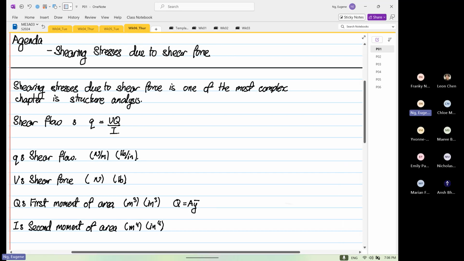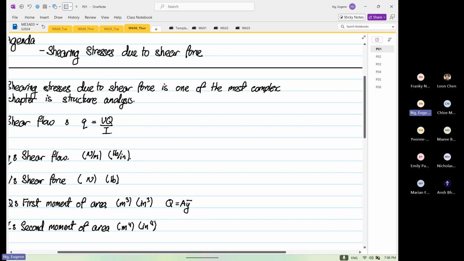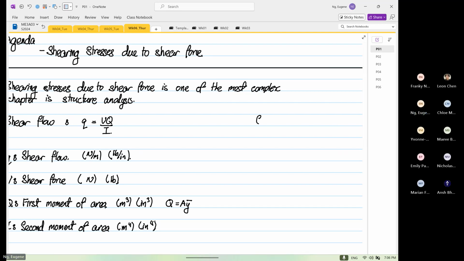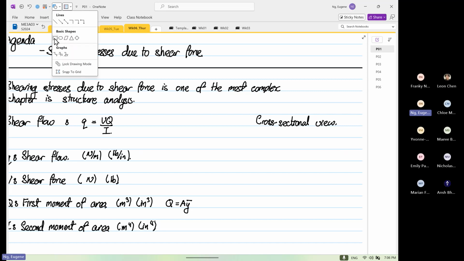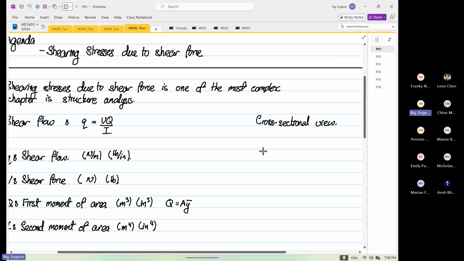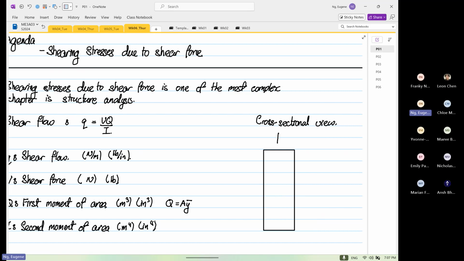So what is this shear flow? If we have a cross-sectional view of our structure, so if our structure looks like this, I'll draw a transformation first. So this is our cross-sectional view.